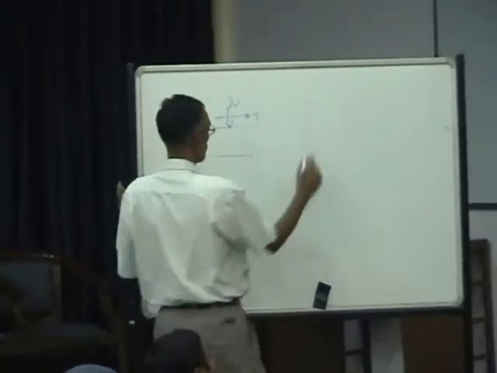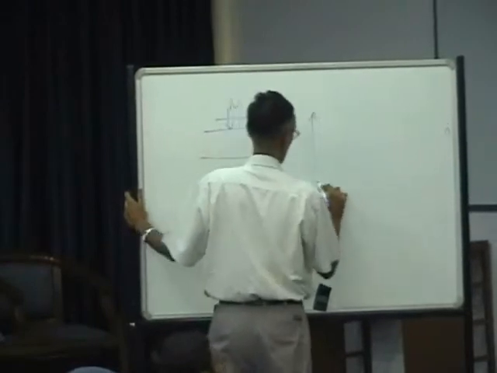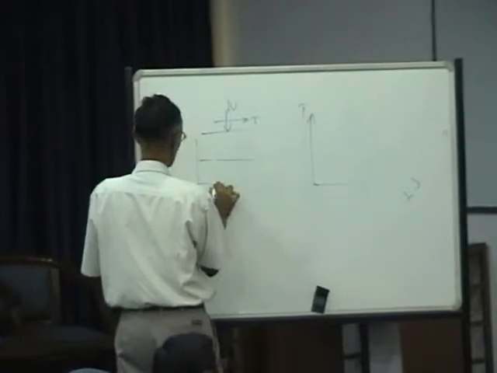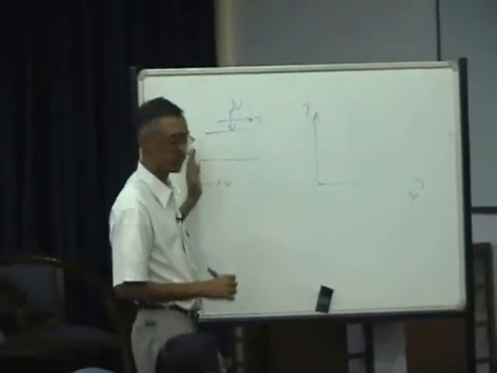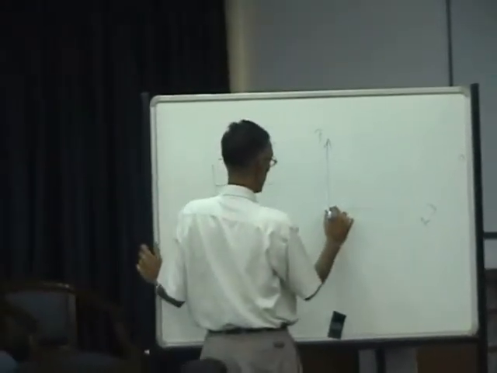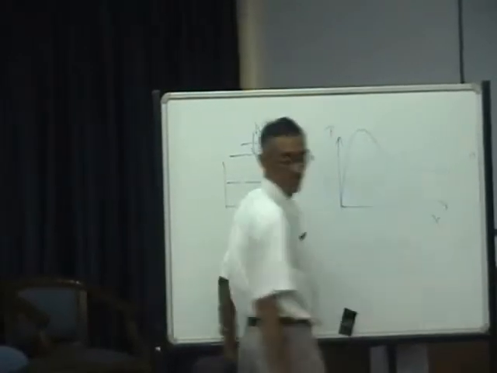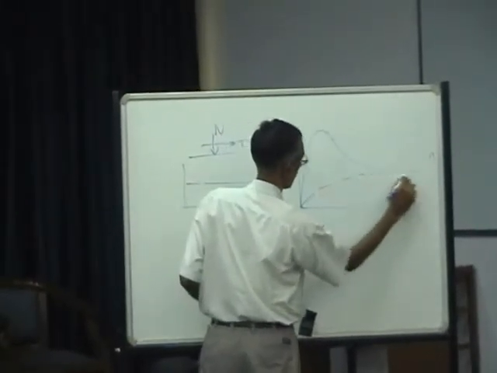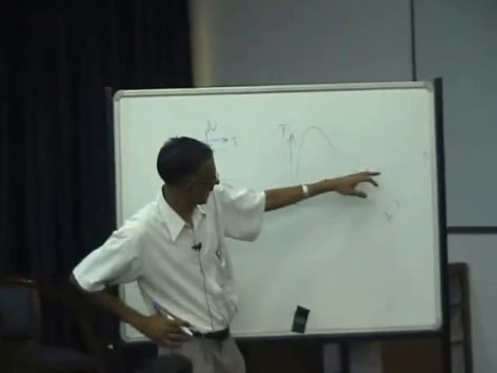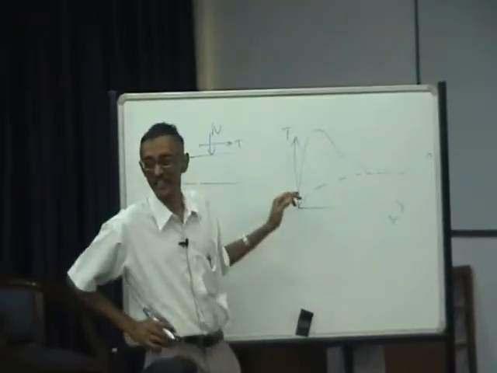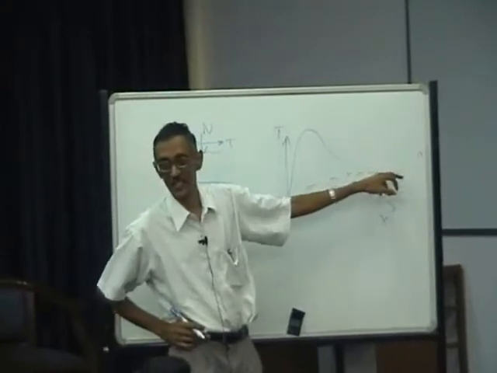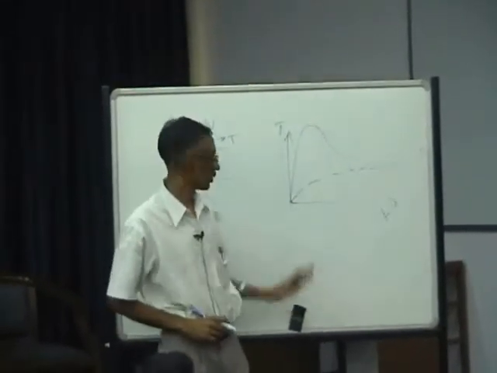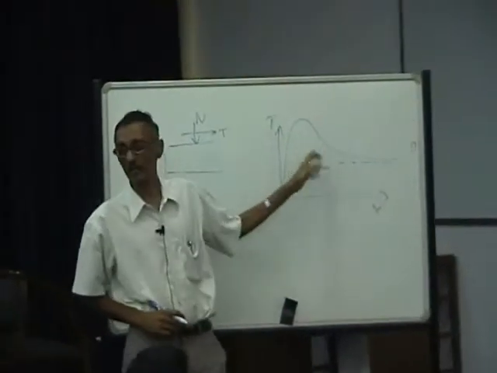You plot P versus X, where X is displacement measured from some position. With densely packed material, it tends to go like this. And if it's loosely packed, it goes like this. Both will reach the same state after long shear. This is called the critical state. If you vary the normal stress, you will reach some other critical state. So, that is the difference in behavior of loose and dense.